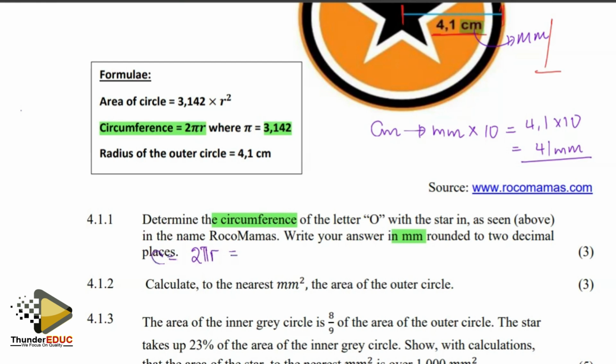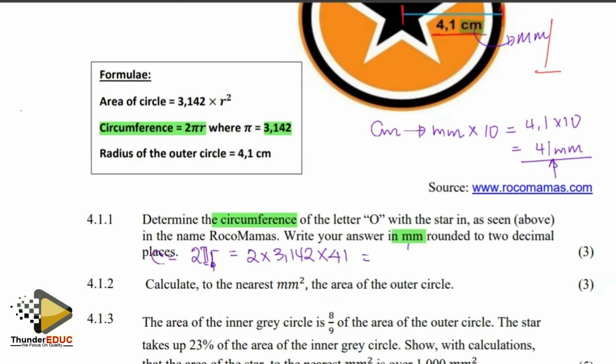So circumference equals 2, which remains, times where you see the pi, you put this value of 3.142, times where you see the r, you put the radius that we've just changed. Why did we change it? The answer has to be in millimeters. So we put 41. Get your final answer there.